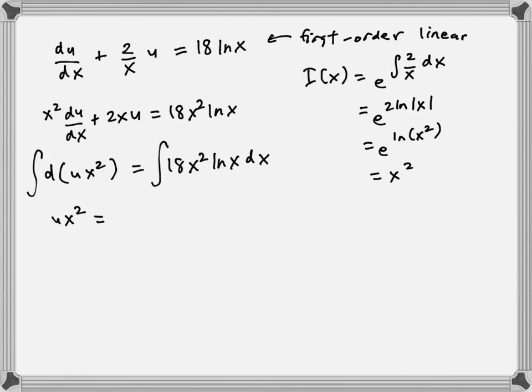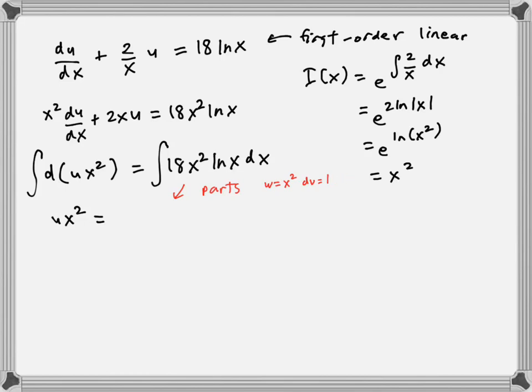The right side, you need to use integration by parts. In the interest of time, I'm going to go ahead and just write down the answer. But remember, when you do integration by parts, you have to choose a u and a dv. Let me call it w and dv because we already used u for something else in this problem. So w is equal to x squared and dv is equal to ln x dx.